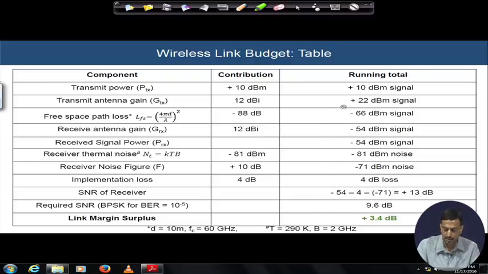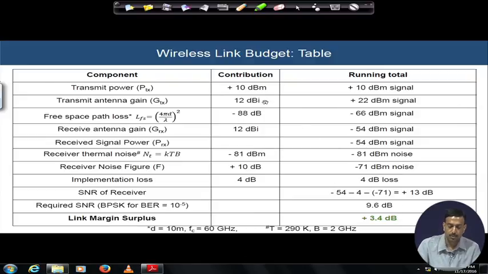You can clearly see the effect over here that the running total for the signal now turns out to be minus 54 dBm, and the noise value remaining the same, and so is the implementation loss value as well. Since the signal power has now improved because of the transmitter and receiver antenna gains, we have a surplus link margin of about 3.4 dB.